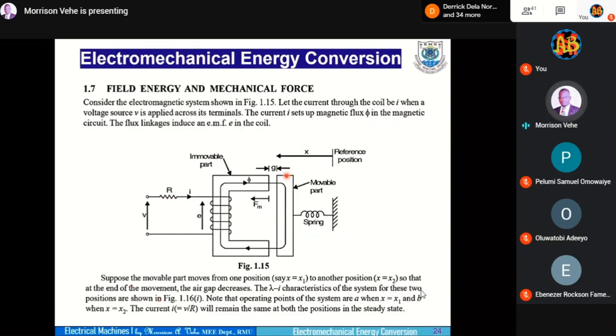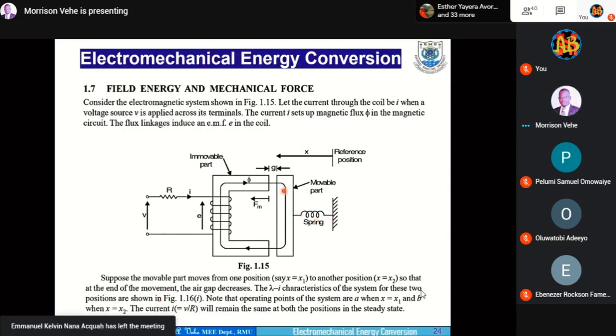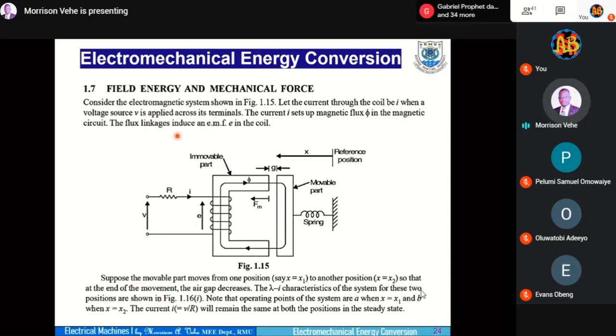Maybe the new thing that we would have is some reference position and then some spring which is attached to a part that moves, or maybe an armature sort of. So that is basically our new system. One part is immovable, so fixed, and then the other is movable.